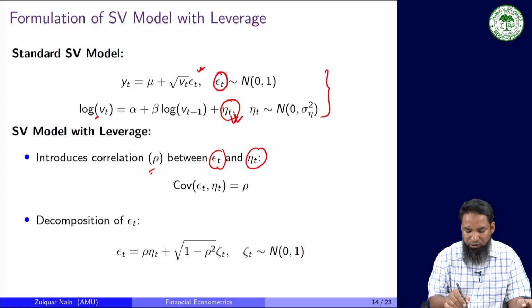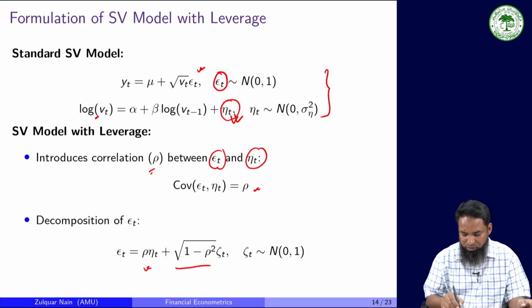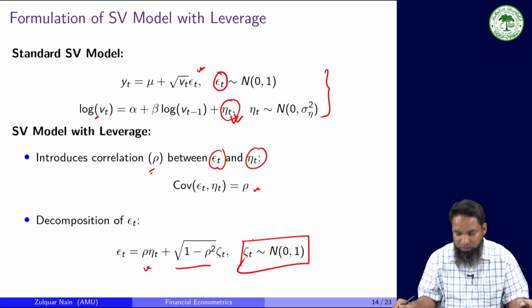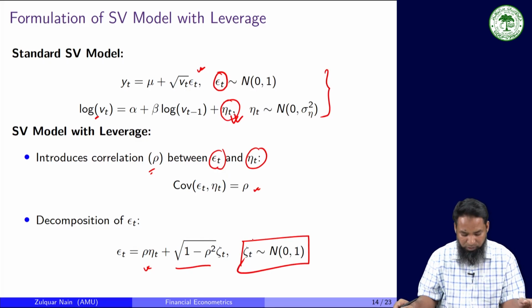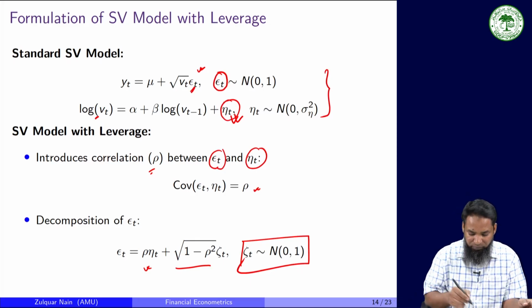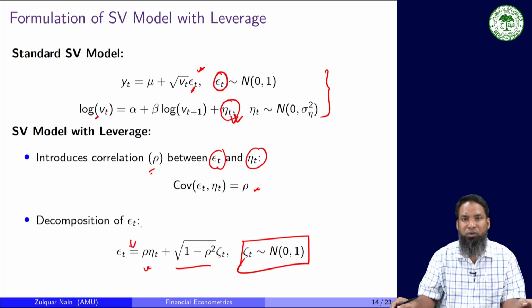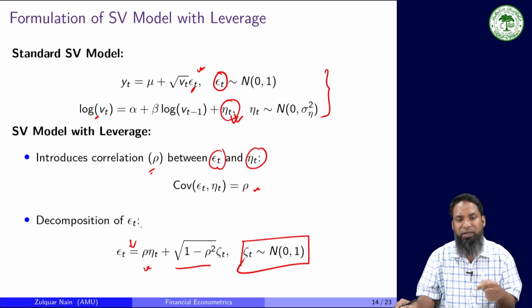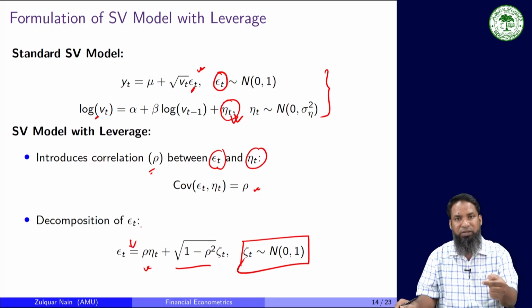We find the correlation between these two, that is rho, and then we decompose epsilon t as rho eta t plus the square root of 1 minus rho squared times xi t, where xi t follows a normal distribution with mean 0 and variance 1. This structure of epsilon t in the mean equation reflects the leverage effect.